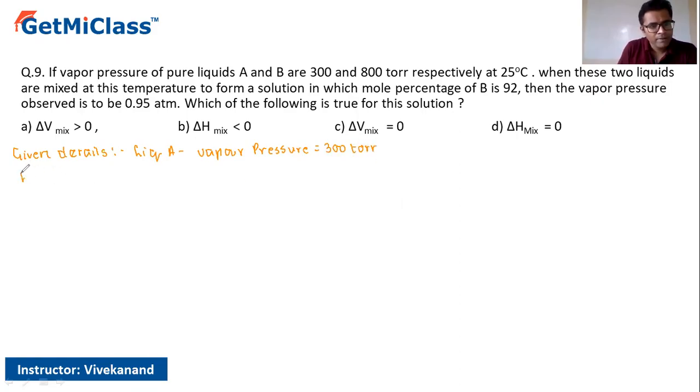The next one is liquid B. For liquid B, the vapor pressure is equal to 800 torr. Second, the mole percentage is 92%. Therefore, liquid B is 92% in composition.